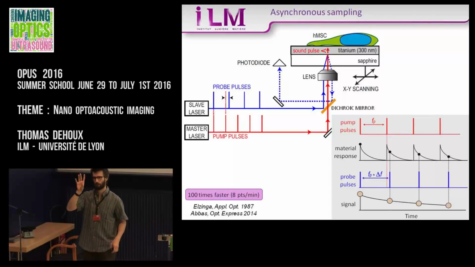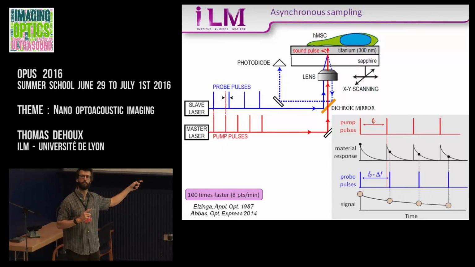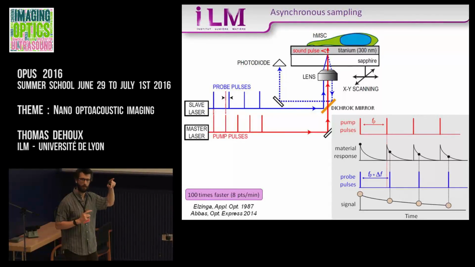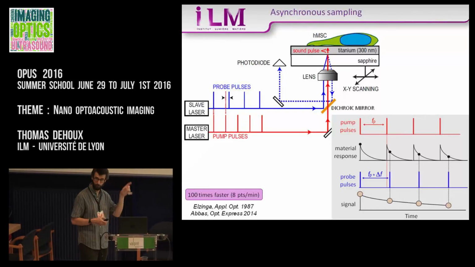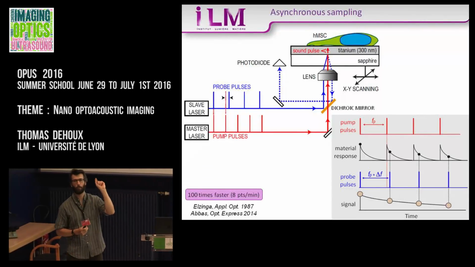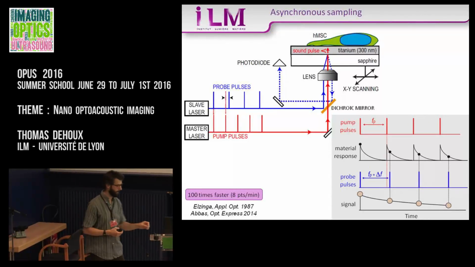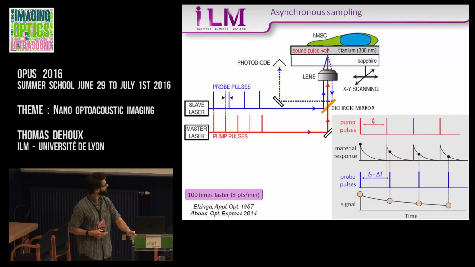In 2 milliseconds, we have the whole sample response, in comparison to 1 hour with the delay line. So this is a huge reduction in the acquisition time that allows doing images much faster. If you want to do an image with a delay line at 1 hour per point, it's going to take forever. This is still very long, but it is much faster.